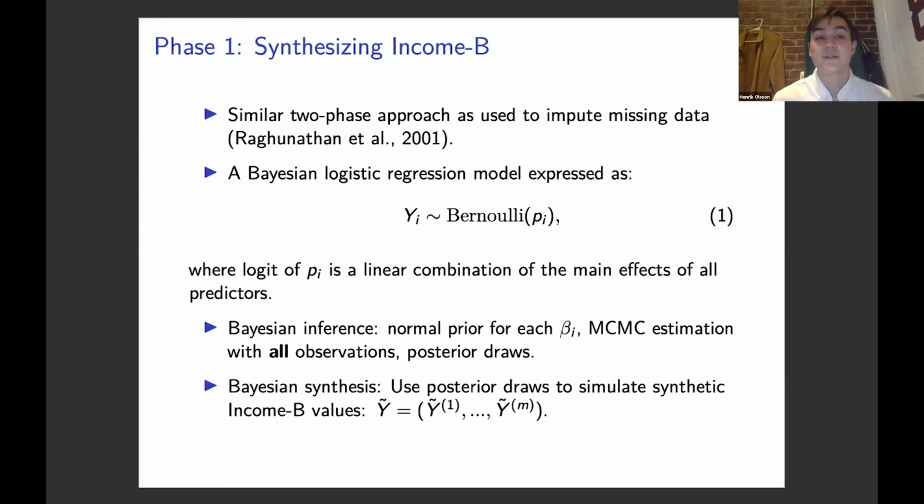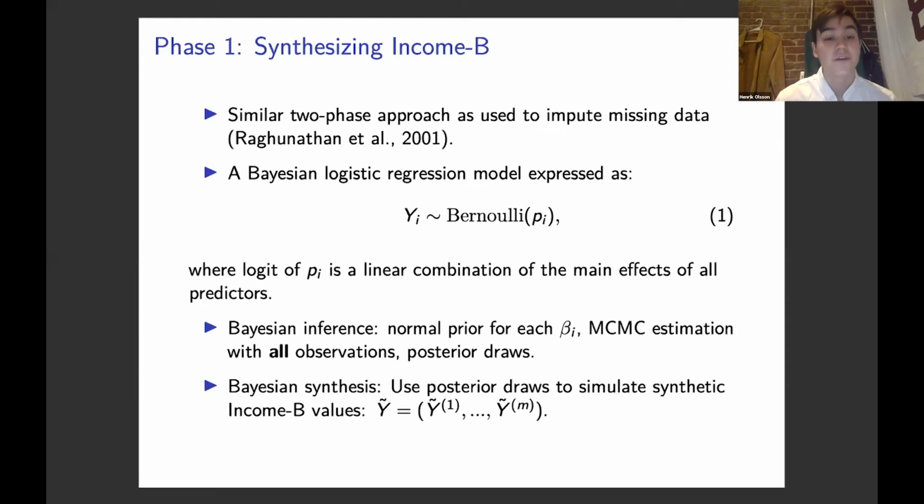Diving into our two-phase synthesis model, in the first phase we synthesize the binary income. This is a similar two-phase approach as used to impute missing data. We use a Bayesian logistic regression model with random variable yi, which is the outcome of income B of record i, and yi is either 0 or 1, which follows a Bernoulli distribution with pi as the probability of yi equaling 1.